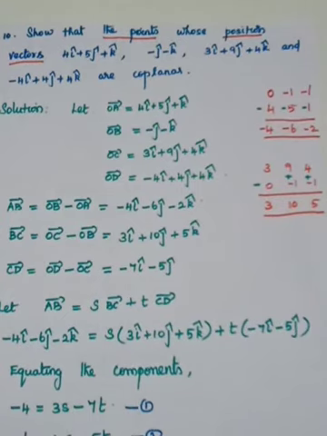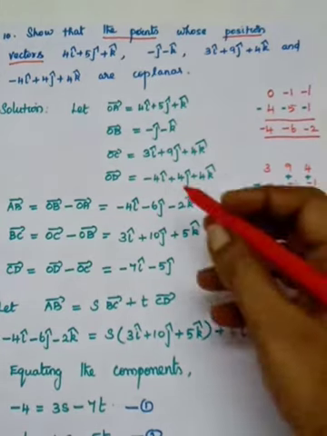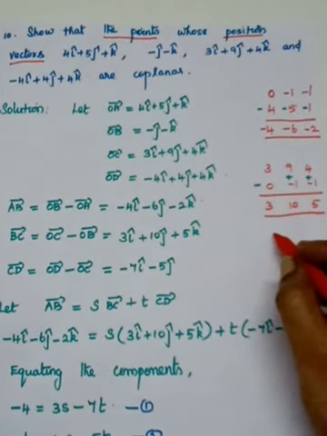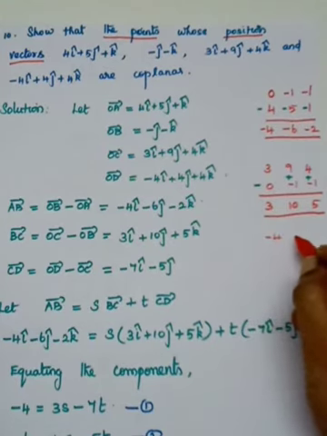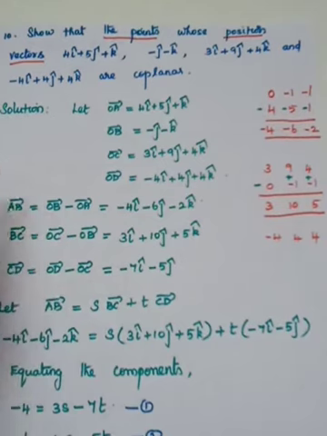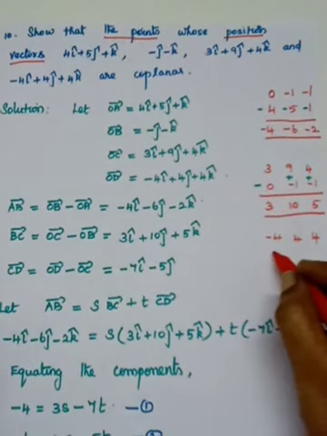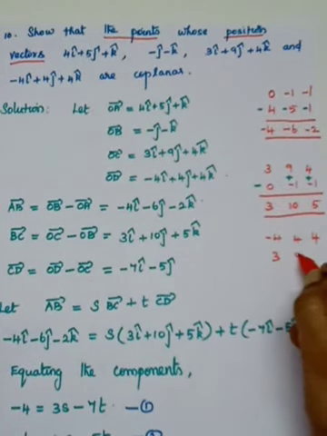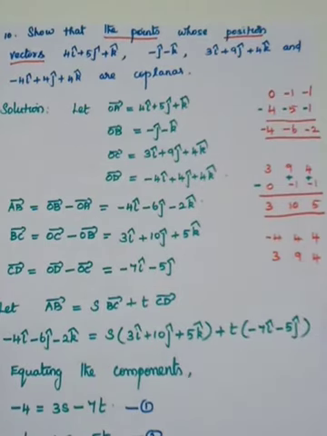Next, you have to find out CD vector. CD vector can be written as OD vector minus OC vector. So go for OD vector components. What it is? -4, 4 and 4. Next, OC vector. So see the components of OC vector, write it 3, 9, 4. What you have to do here?